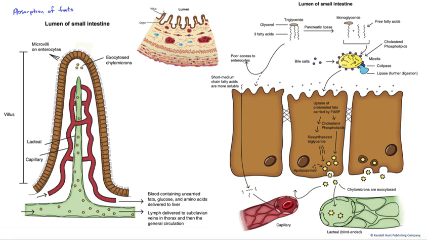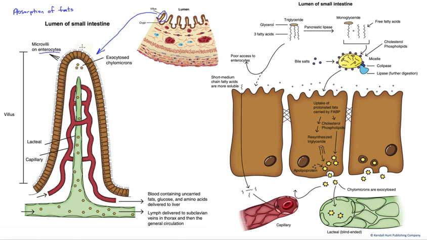Now, if we blow up those latter portions of the small intestine and look at the inside layer of that wall, we see that it's lined by surface area adaptations, one of which is the villi. If we take one of those villi and blow it up here, we can see its overall structure. It's lined by the cells of the mucosa, known as the enterocytes.